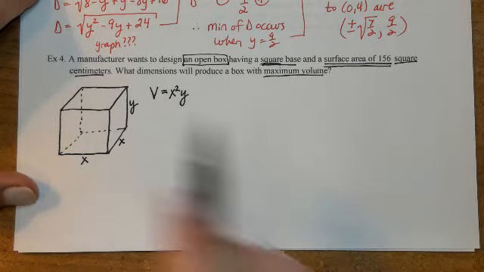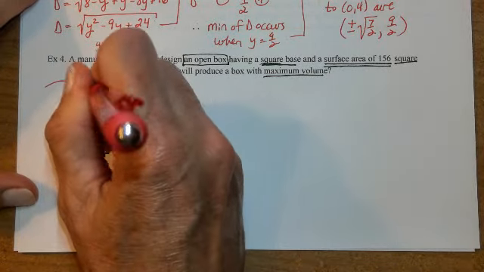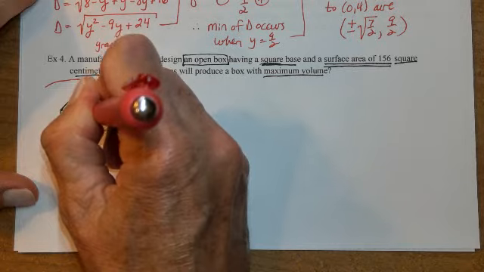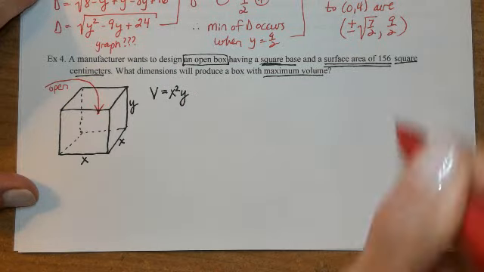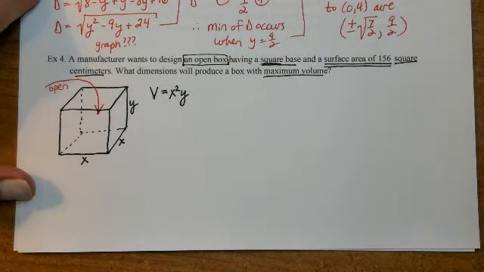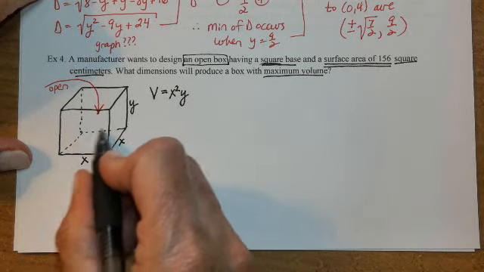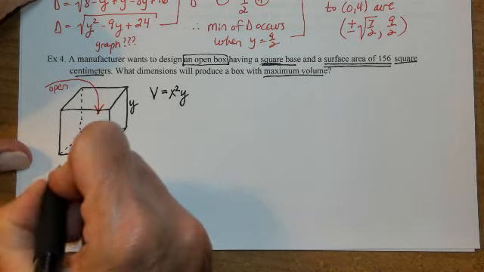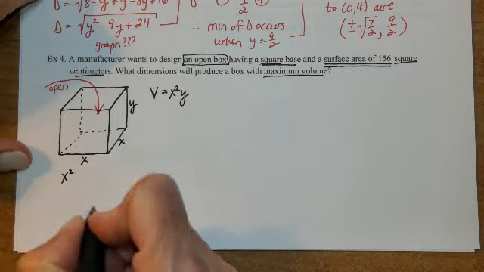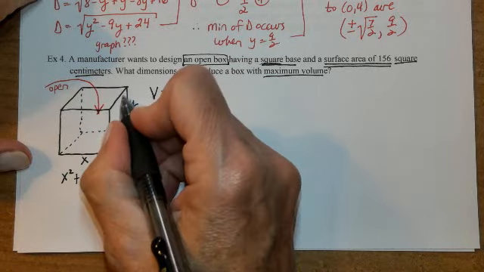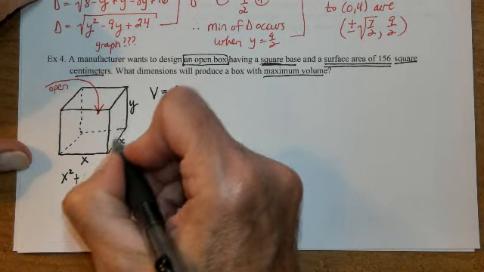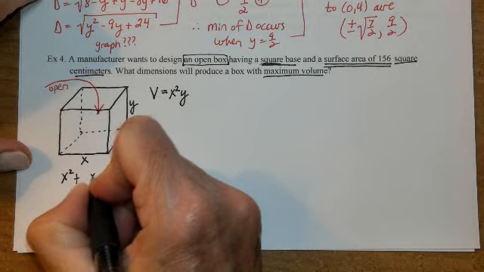So the surface area of this open box, this is an open box, so this has no lid, right? It's open. The surface area would be the area of the base, x squared, plus the area of this side, xy.